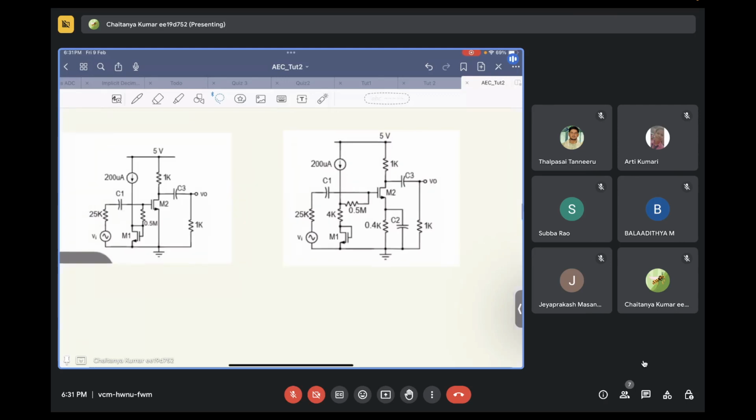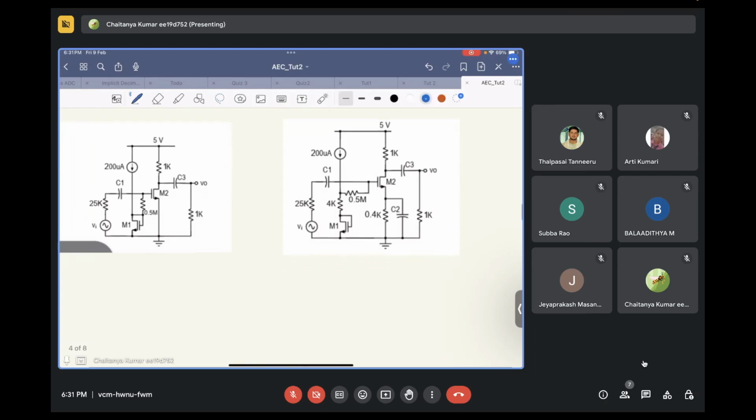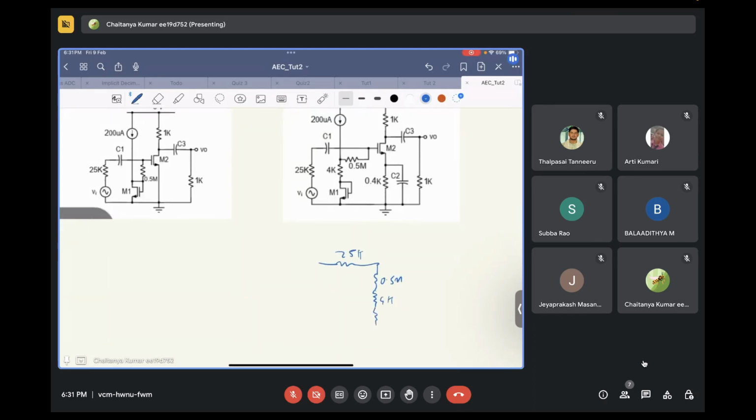As far as your small signal is concerned, both the circuits are roughly the same. In small signal, there will be a 25 kilo ohm resistance, a 0.5 mega ohm resistance, then a 4 kilo ohm resistance, and then 1 by gm.